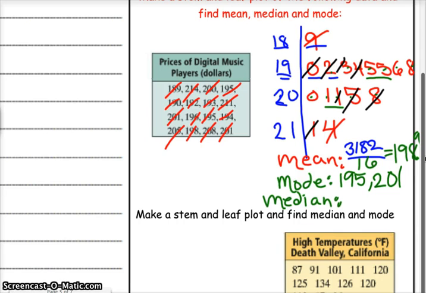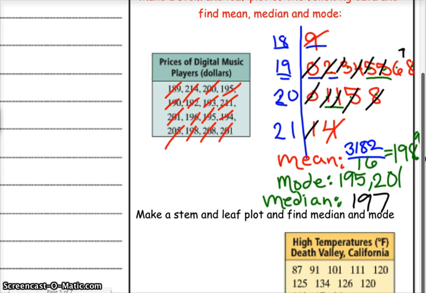Keep going. I'm left with 2 numbers. What's between 6 and 7? 7. Or 6 and 8? 7. So 7 would be my median at this stem, which is 190s. So my median would be 197.